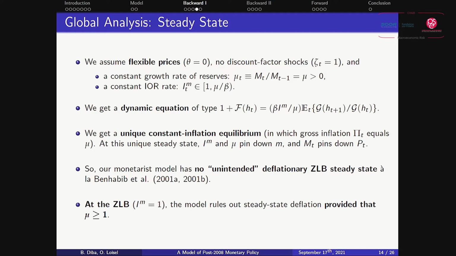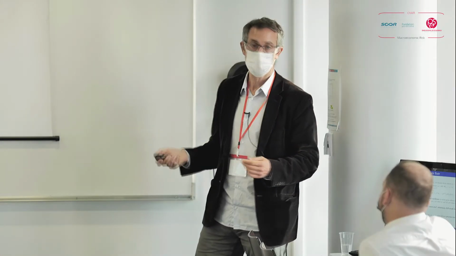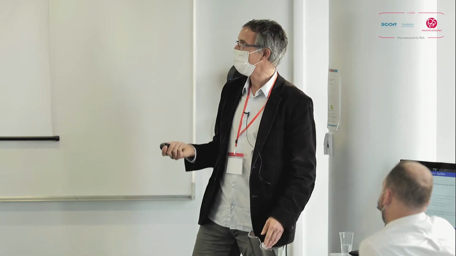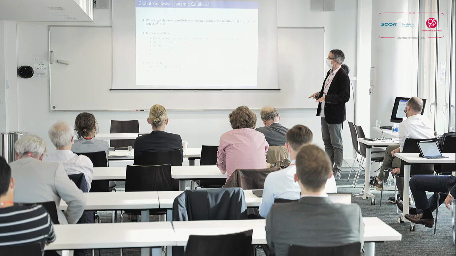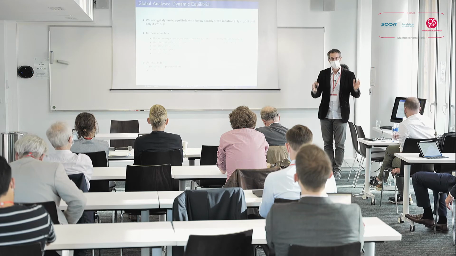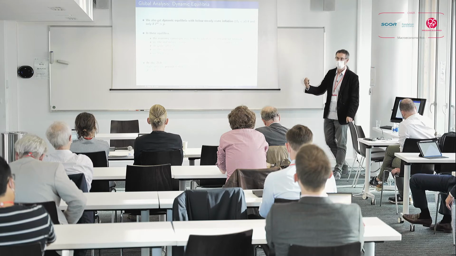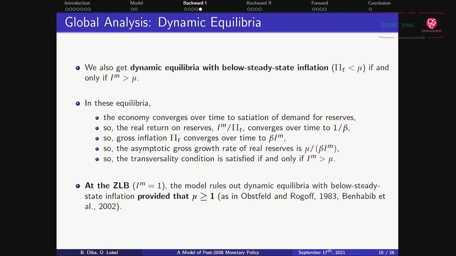But in the set of equilibria, we don't only have a constant inflation equilibrium. We may also get dynamic equilibria with below steady state inflation. That means the growth rate of inflation is lower than mu, the growth rate of nominal reserves. And that happens if and only if the interest on reserves, IM, is higher than the growth rate of nominal reserves, mu. So how or why does that happen?